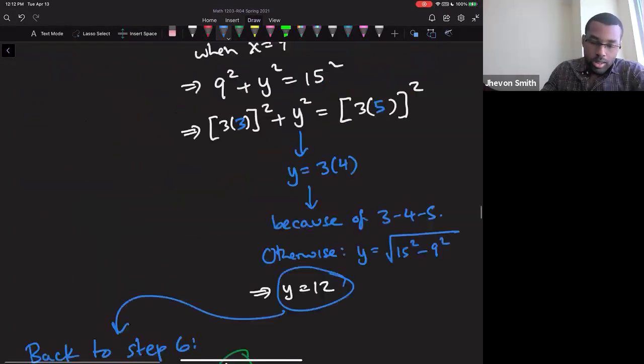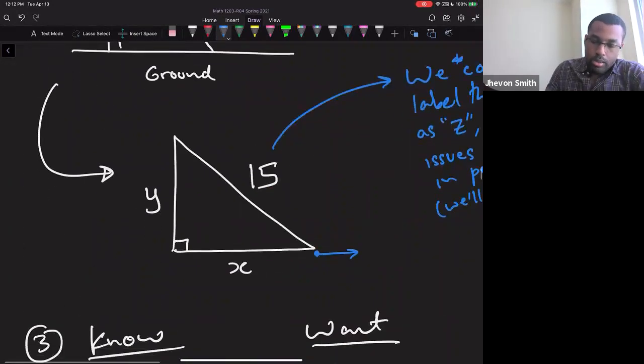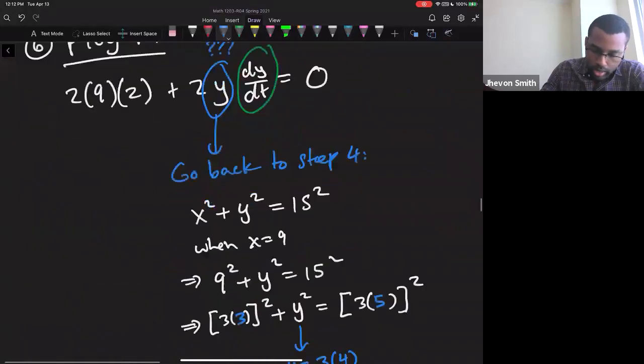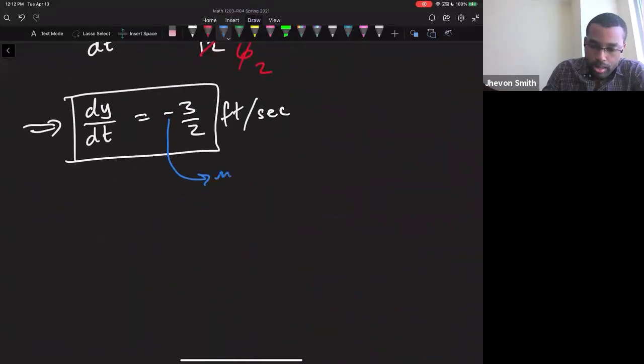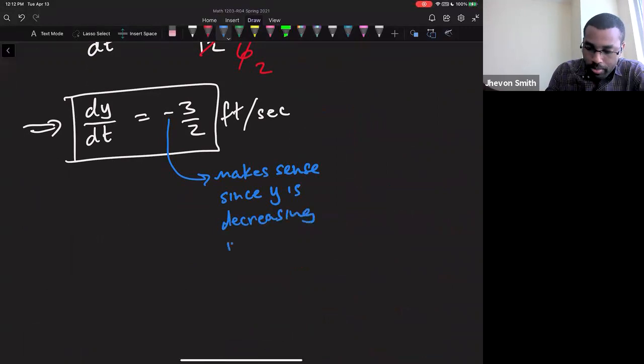If the foot slides away, the y is going to get smaller. So it's sliding down the wall, the y is getting smaller, so y is decreasing. So you should get a negative. So this makes sense since y is decreasing in this scenario.